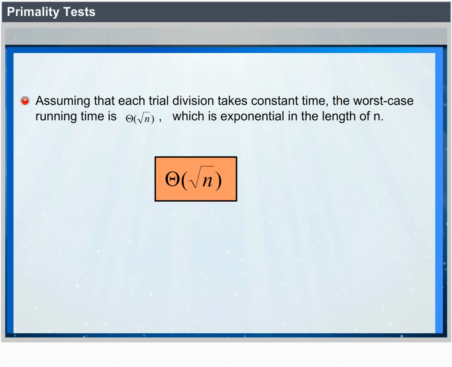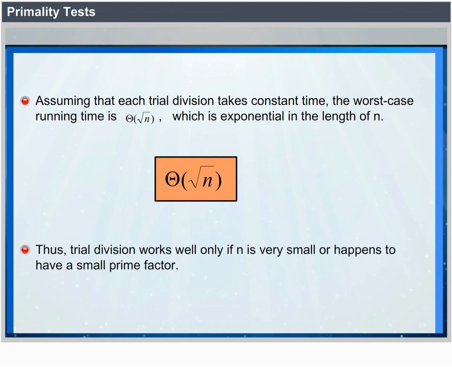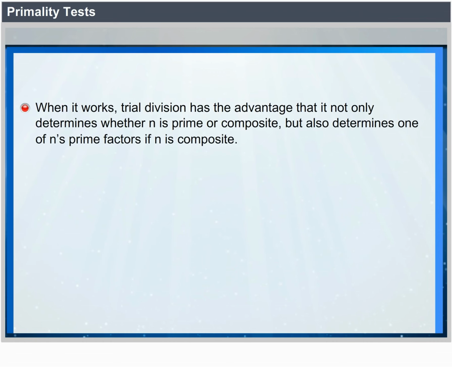Thus, trial division works well only if n is very small or happens to have a small prime factor. When it works, trial division has the advantage that it not only determines whether n is prime or composite, but also determines one of n's prime factors if n is composite.